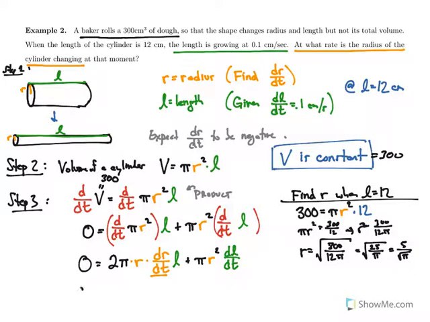Let's plug it in. 0 equals 2 pi, R is 5 over square root of pi, we're looking for dR/dt, L is 12, plus pi times 5 over square root of pi squared, and dL/dt, which is 0.1 centimeters per second.